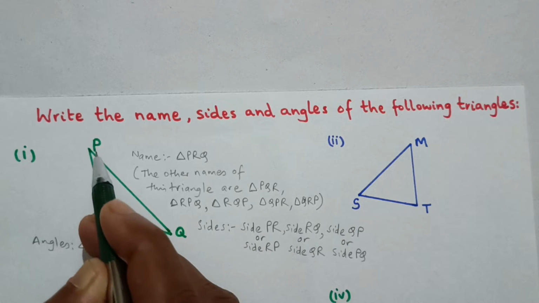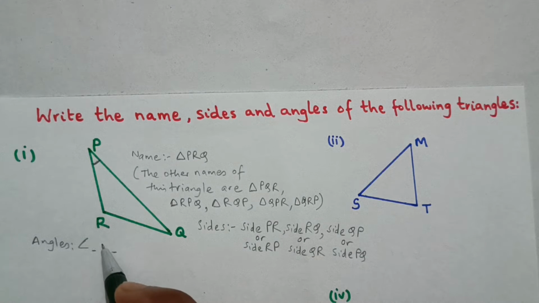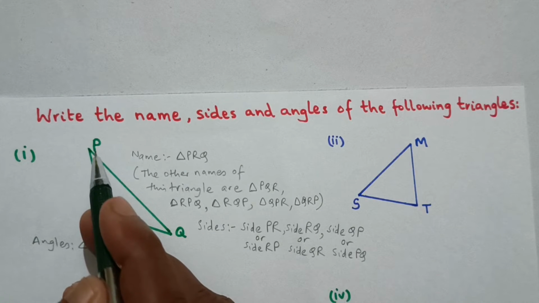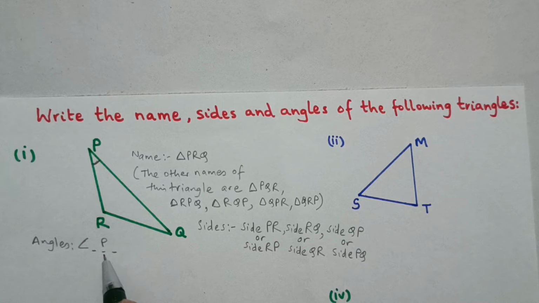So this angle is formed at the corner P. So P will be the middle letter, because this angle is formed at corner P. So I will write P in the middle, and then in these two spaces I will write the other two corners of this triangle. So R and Q, R over here and Q over here.